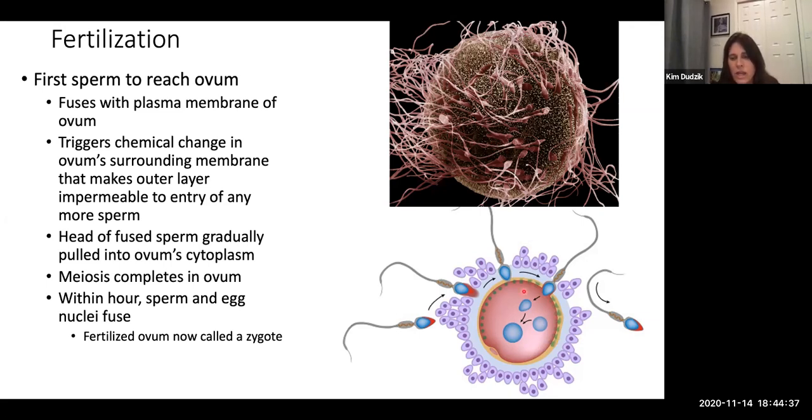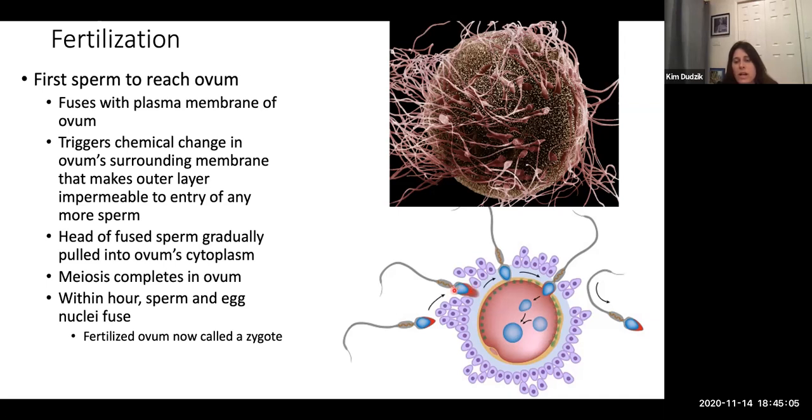Again, here's that secondary oocyte, and it's got a kind of jelly coating around it called the zona pellucida, and then it's got the cells around it called the corona radiata. It's a pretty thick layer. The sperm have to use that acrosome cap. Remember, it releases enzymes to wear away those cells and the zona pellucida.